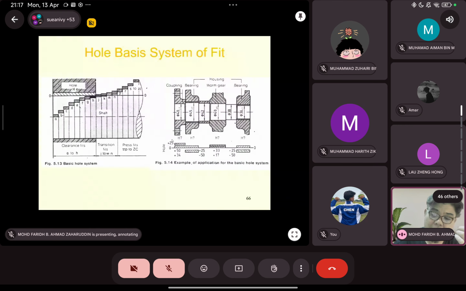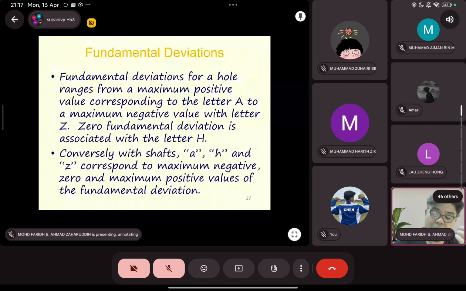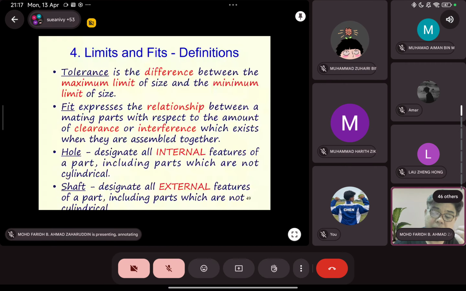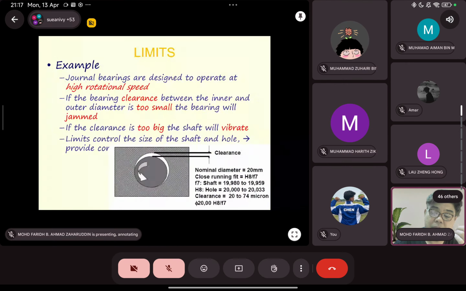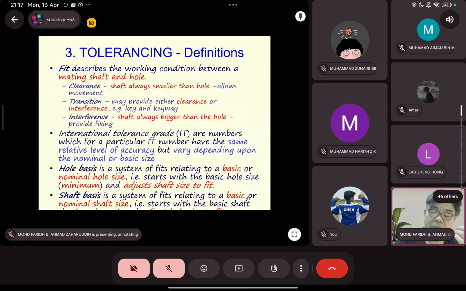That is the meaning of this definition. For the hole basic, the size of the hole is fixed, but the shaft size is adjusted. The shaft basic system, the basic and norm sizes follow the shaft, but the size of the hole is adjusted.